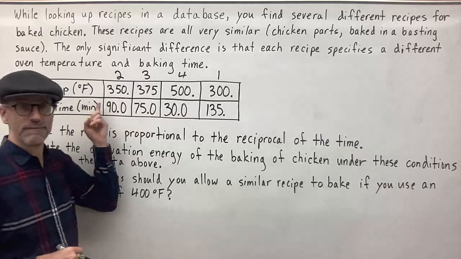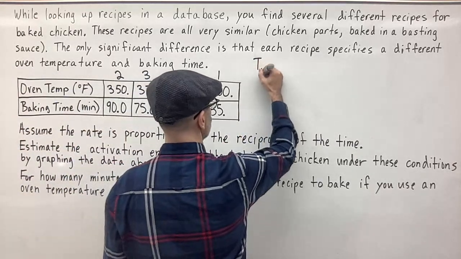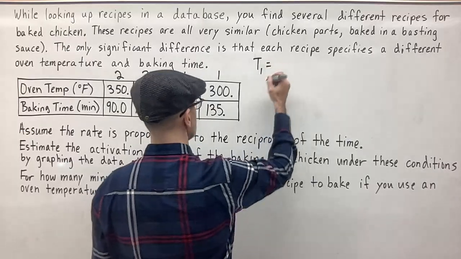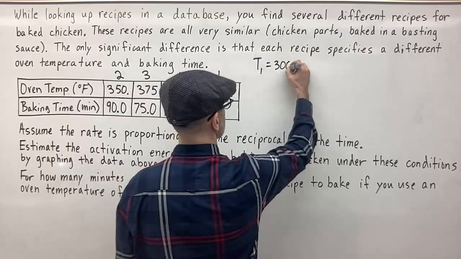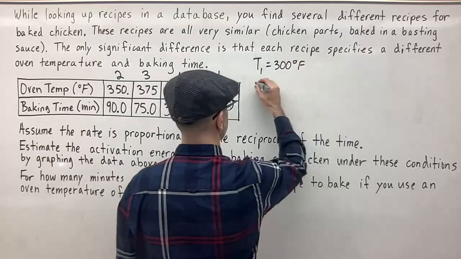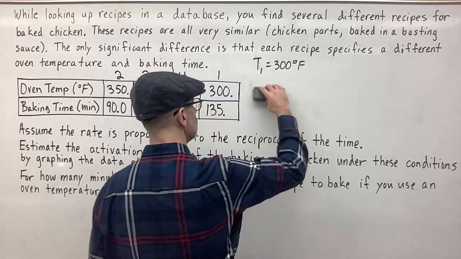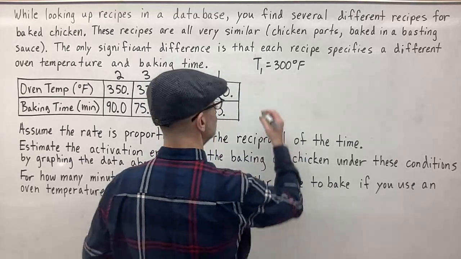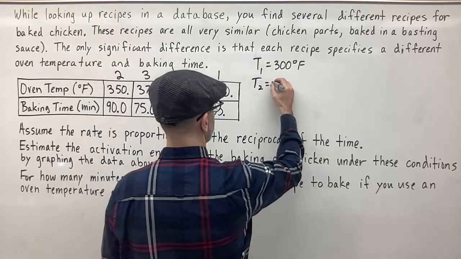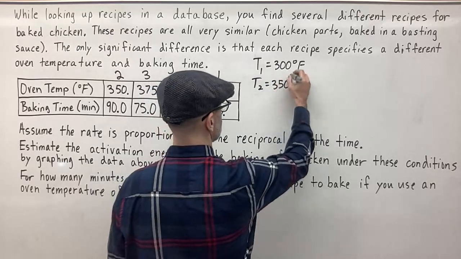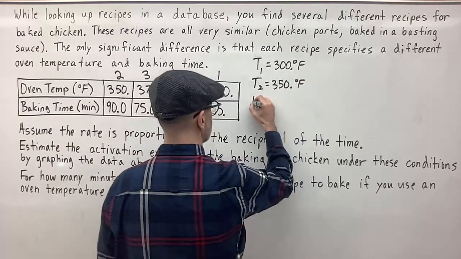So let's take the temperature. We're going to take our Fahrenheit temperatures, so let's label those. T1 is equal to 300 degrees Fahrenheit. T2 is equal to 350 degrees Fahrenheit.